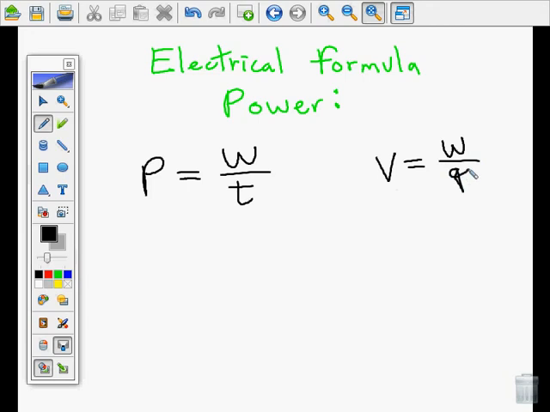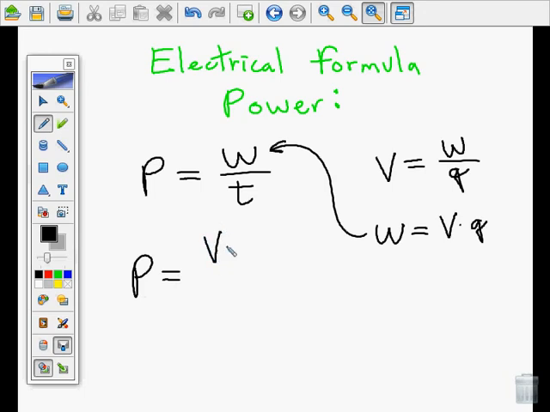If I rearrange this, work is going to equal the voltage times how much charge is moved. I can make that substitution over here for W, and I get power equals voltage times charge over time. Finally, I can algebraically rewrite that: power equals voltage times charge over time.